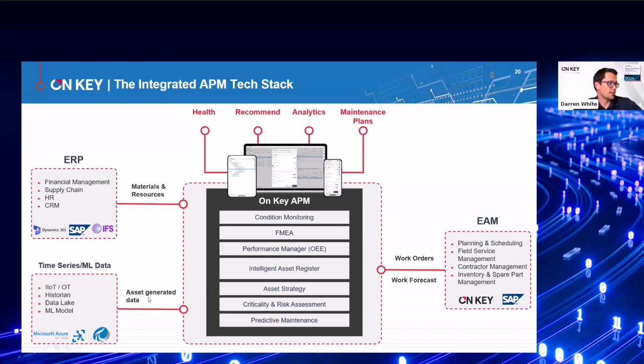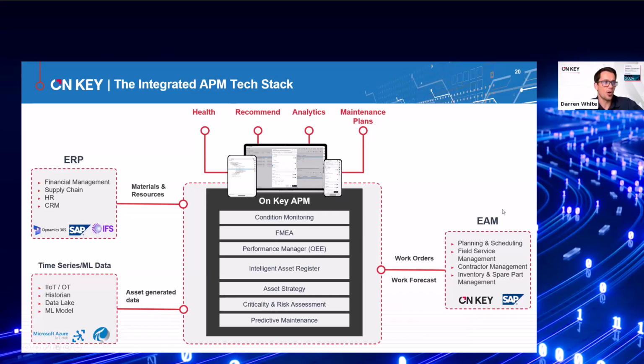You can integrate your time series data, so your asset-generated data. This includes IoT, OT or operational technology data, data from your historian. We can integrate into your historian or your data lake, and even, like I mentioned, your machine learning model that is hosted can also be pushed into the On Key APM world. So there's a data lake that sits in here to ingest all of that data.